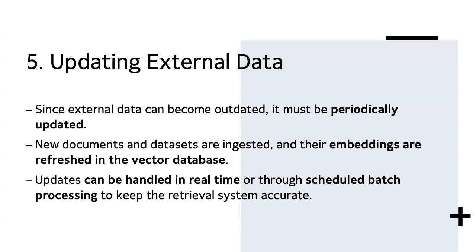New documents and datasets are ingested and their embeddings are refreshed in the vector database. Updates can be handled in real time or through scheduled batches, as I mentioned before, to keep the retriever system accurate.